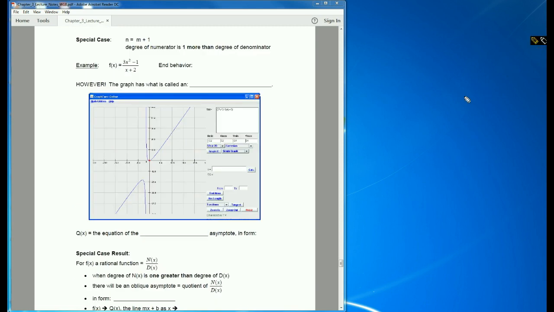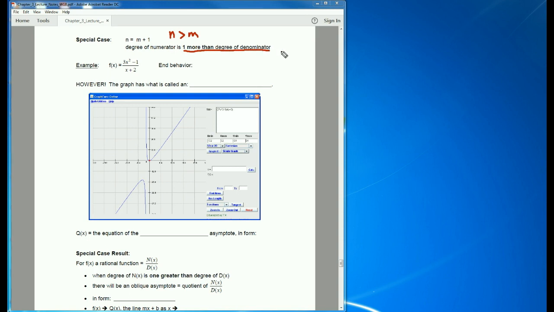Okay, so one more case, a special case. There's always got to be a special case, right? So in this case, the numerator degree is still greater than the denominator degree. That was case 3 that we just looked at. But in this case, in particular, the degree of the numerator is exactly 1 more than the degree of the denominator.